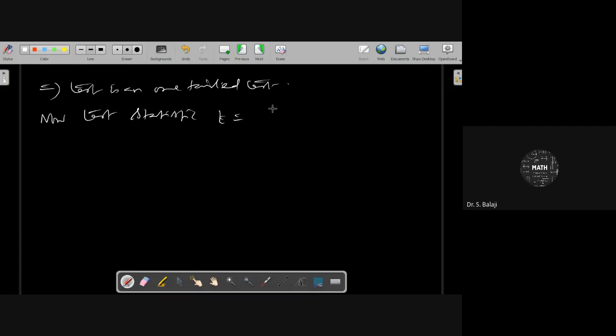T is equal to x1 bar minus x2 bar, whole divided by the square root of s1 square plus s2 square, whole divided by n minus 1.